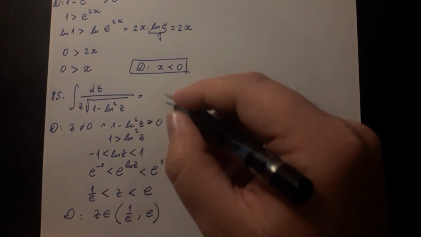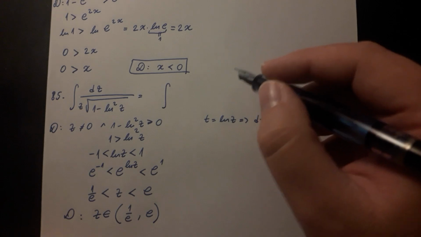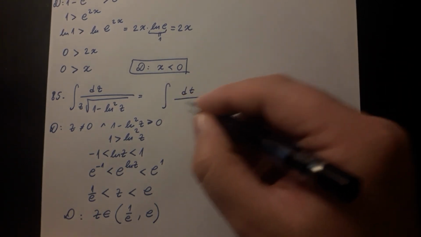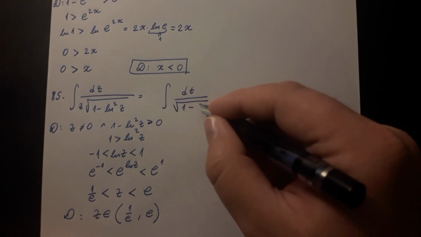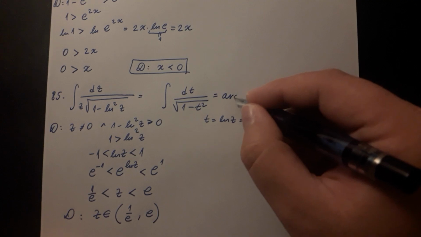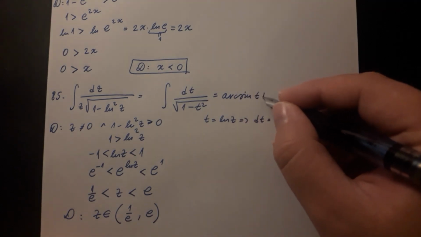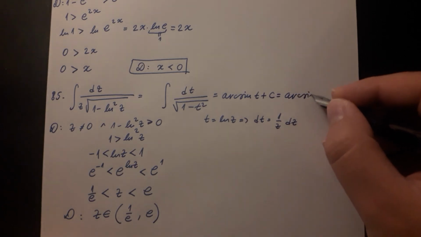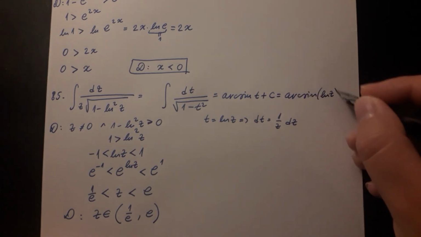This integral is then transformed into an integral of dt over a square root of 1 minus t squared. This is equal to arcsine of t plus c, which is equal to arcsine of ln z plus c.